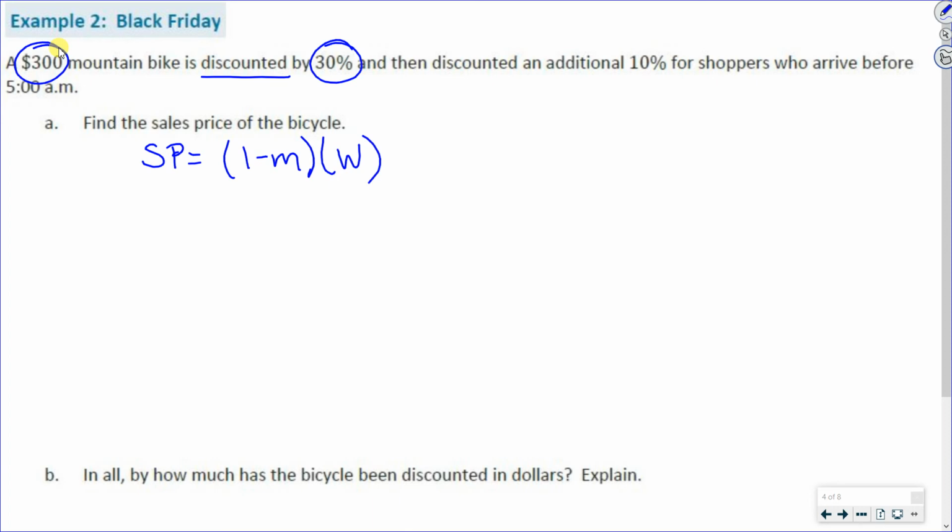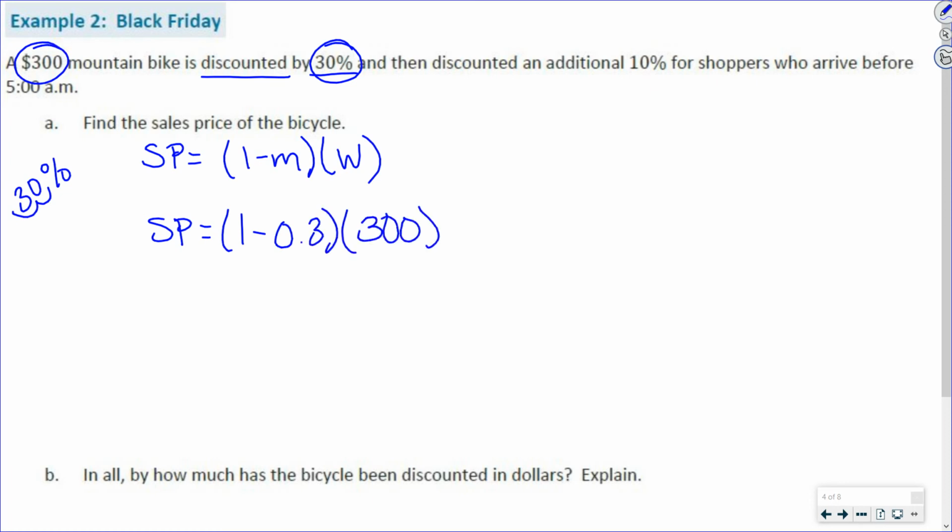So that's where we're actually doing a subtraction problem instead of an addition problem. So SP equals 1 minus 30%. Remember 30%? To convert that to a decimal, we move the decimal twice. So it's 0.3 times the whole, which was the original price of the bike, or $300. 1 minus 0.3 gives me 0.7.